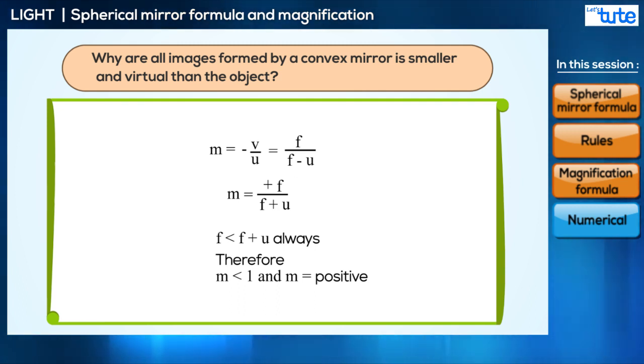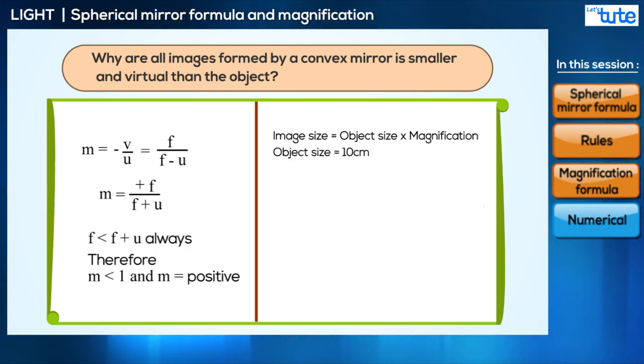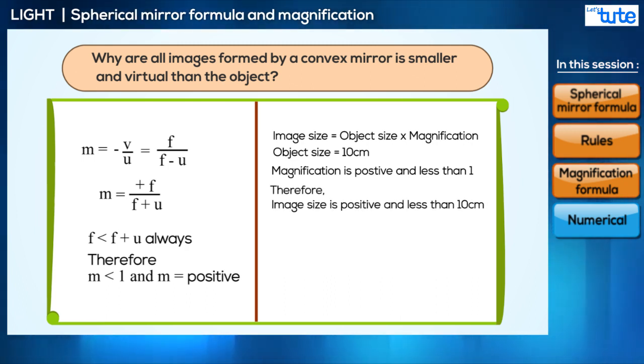What does this mean? Well, the size of the image is found by multiplying the magnification with the object size. So, if the object is say 10 cm tall, a positive magnification would not change the sign of the object size, while a magnification of less than 1 will cause the product to be smaller than 10 centimeters.